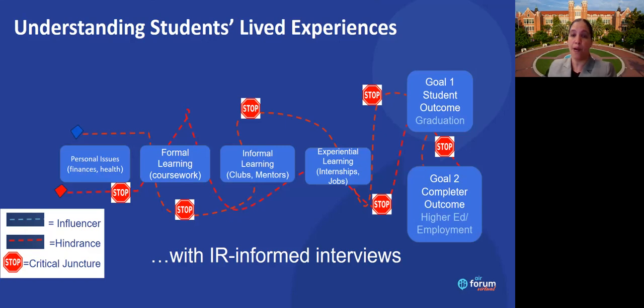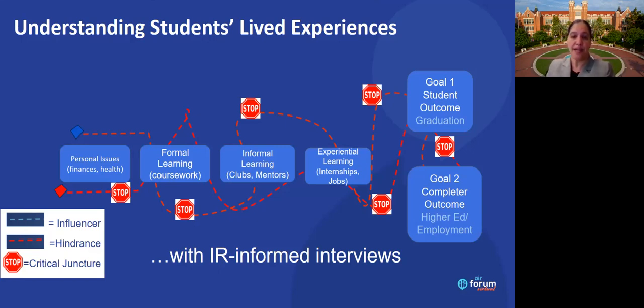For example, did personal issues arise, financial situations, difficulty with courses? Also, we want to know about the good things that happened to them. The facilitators: did they have mentors? Did they participate in clubs? Were they a part of any experiential learning activities, etc.